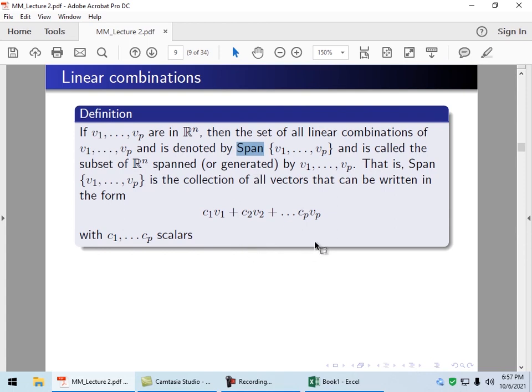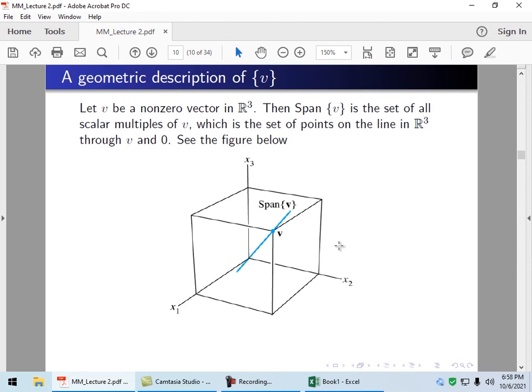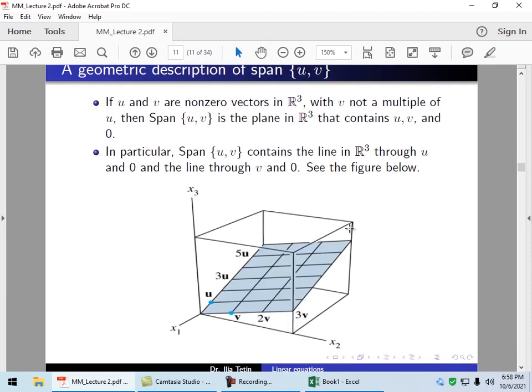So this is the key idea. If you are asked to find the span, you need to find all possible combinations of x's in order to produce this thing. So the span, it's not a very good picture, but it was initially some small vector, and it is expanded to some bigger vector, okay?